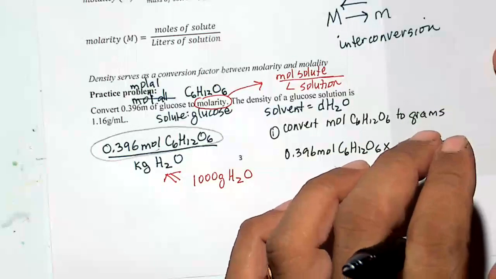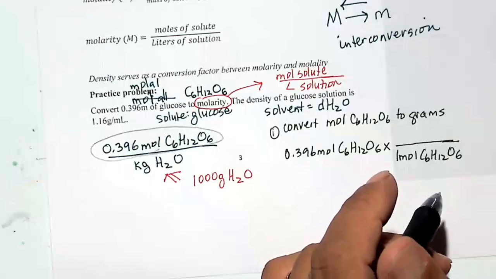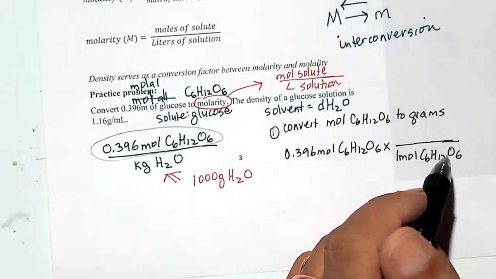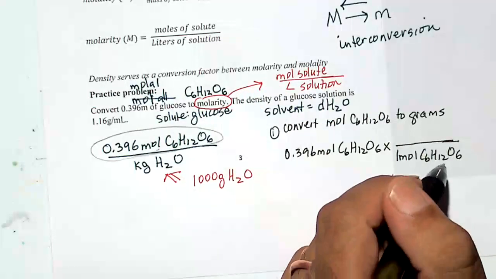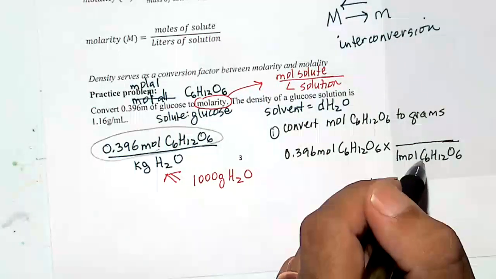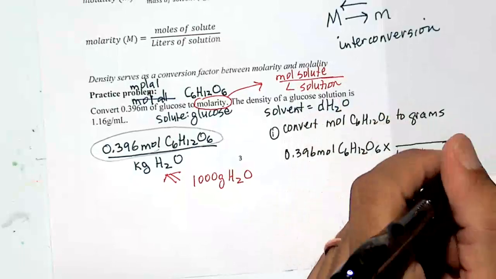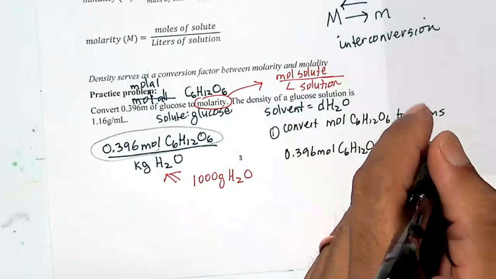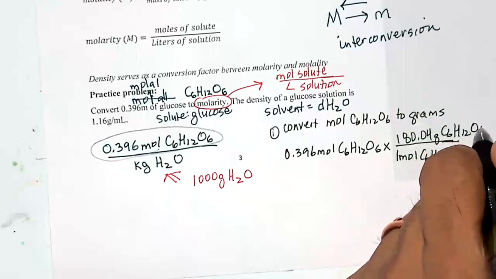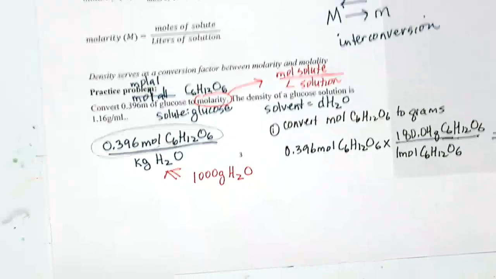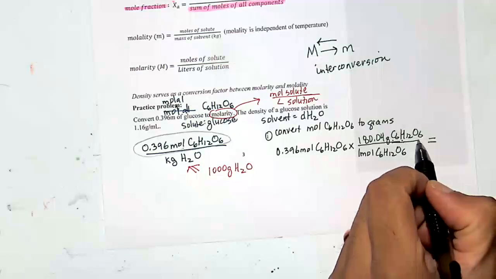Carbon is about 12.01, hydrogen is 1.01, and oxygen is 16.01. So take 12.01 times 6, plus 1.01 times 12, plus 16.01 times 6.